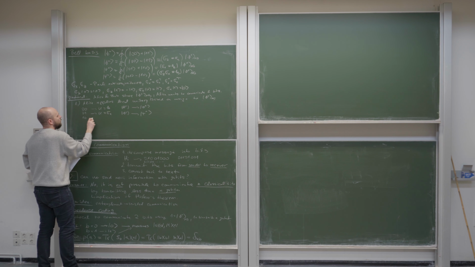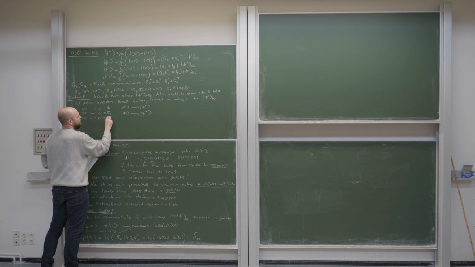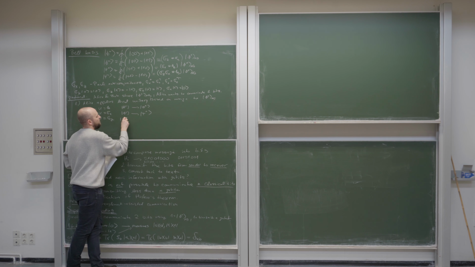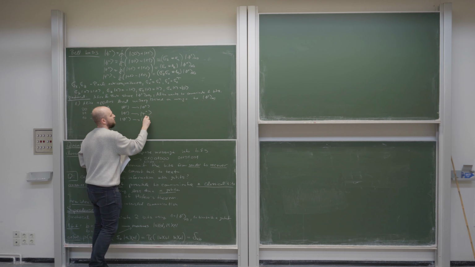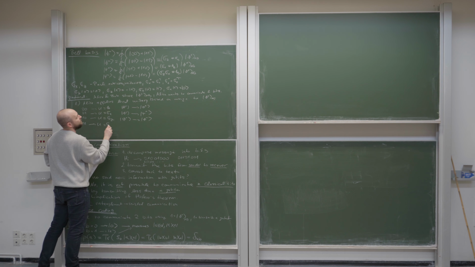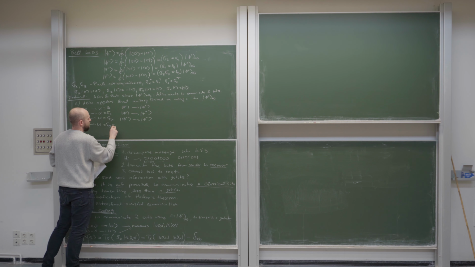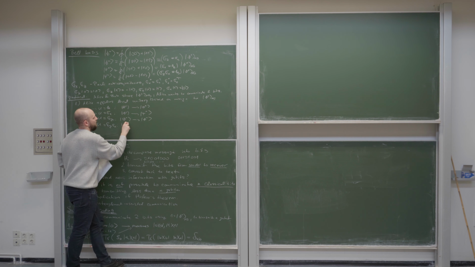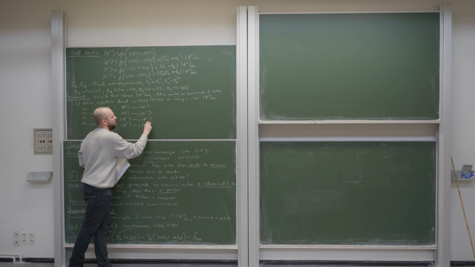If it's 1, 0, the unitary that Alice applies is sigma z. So we map this one to the one with the minus. And if it's both, then Alice applies both, mapping the Bell state to the psi minus state.